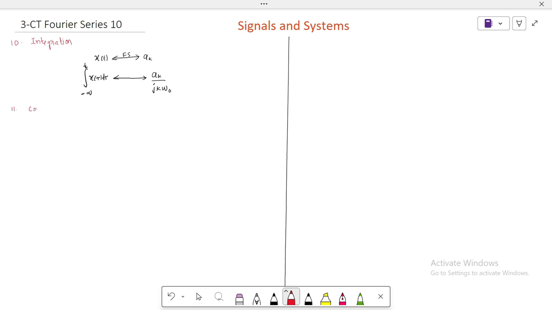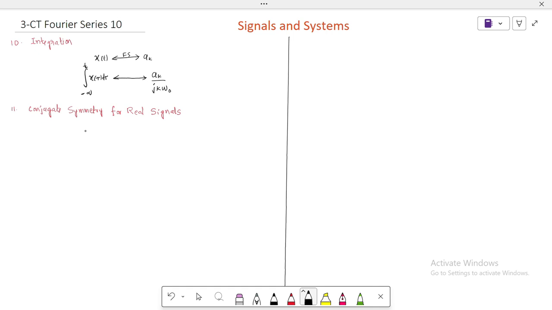Here our x of t is real, so for real signals, x of t has Fourier series coefficient ak.